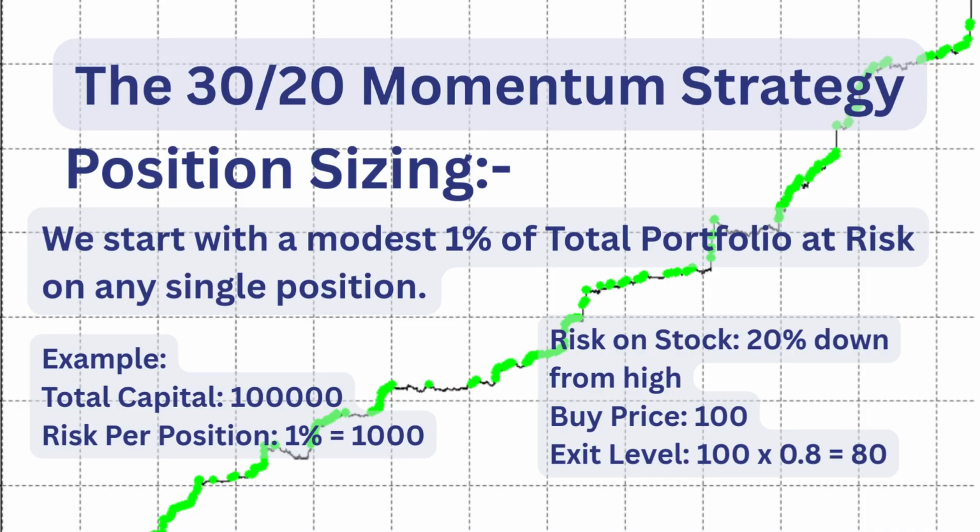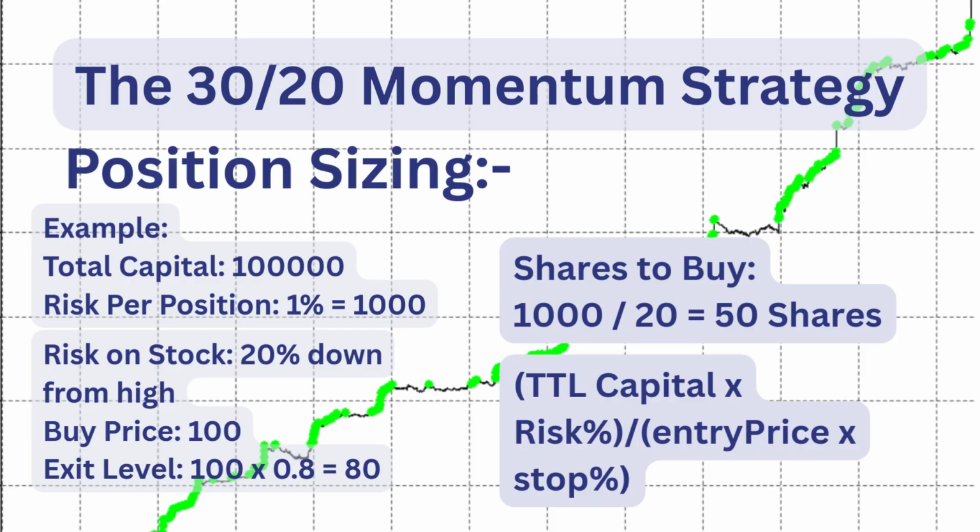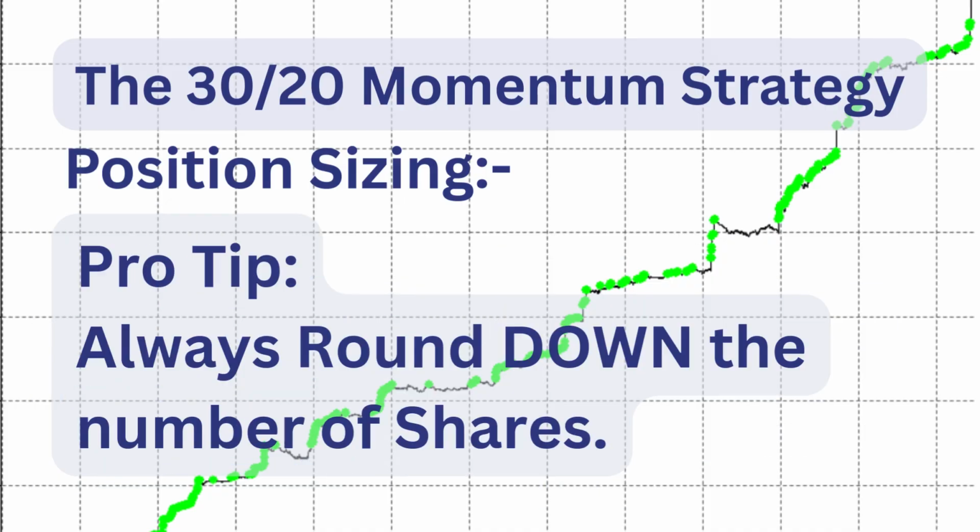So if buy price is 100, our exit level becomes 100 into 0.8, that's 80. So number of shares to buy is 50. The formula is total capital multiplied by risk percentage, divided by entry price multiplied by stop percentage. Although there are many more sophisticated ways of position sizing, for this example we'll just keep it simple.